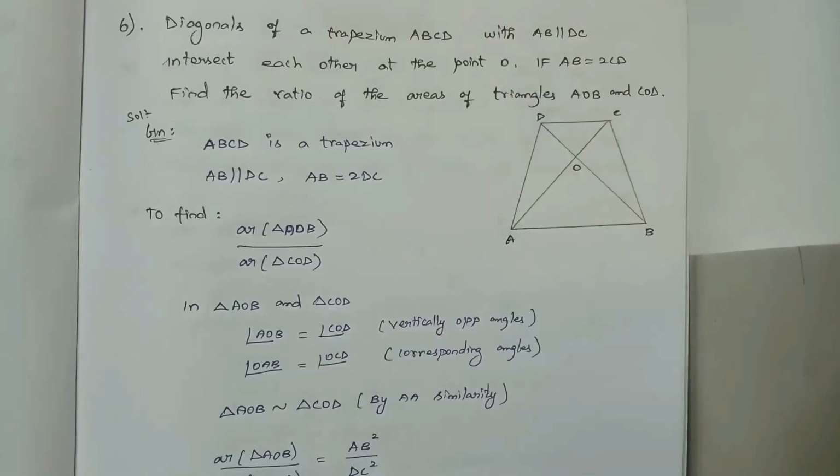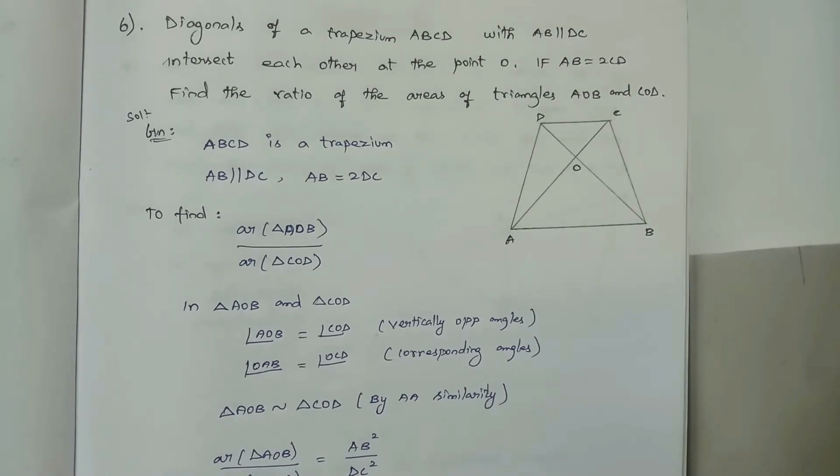Understood? Most probably they will ask you to find the ratios alone in the third concept. Find their ratios, or prove that the ratio of this triangle to that triangle is equal to something. That is also very easy. While we are seeing the sums, you will get an idea.